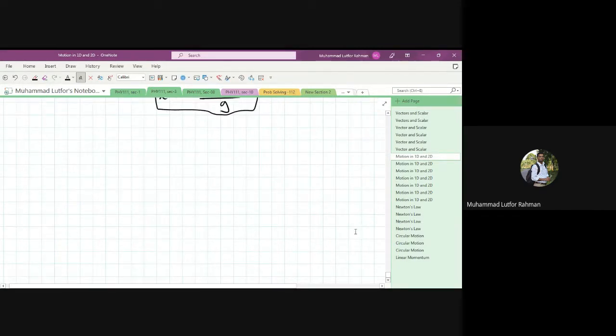Say, for example, you have the top of a tower, and the height of this tower is, say, 80 meter, and you throw that ball horizontally with a speed of, say, 30 meter per second. It will strike the ground.